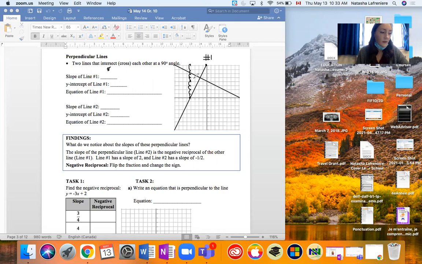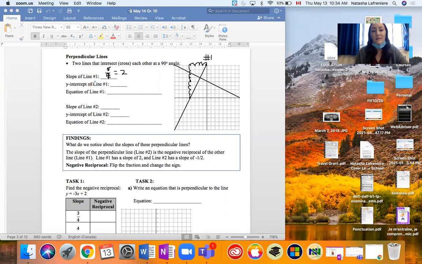And then over. So 1, 2, 3, 4. So it'll be 8 over 2. So 8 divided by 2 is going, oh no, this is supposed to be 4. Oh goodness. So 8 divided by 4 is going to give us 2.